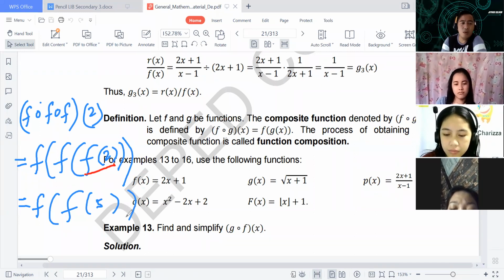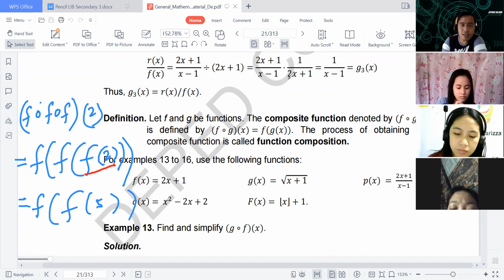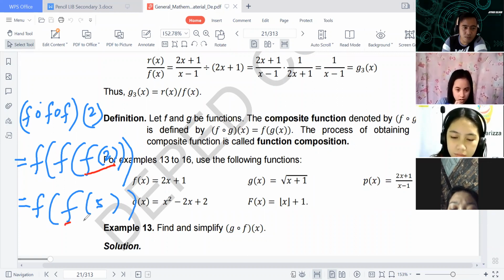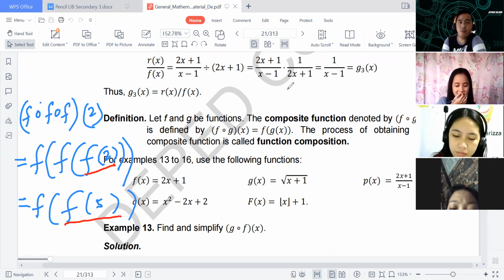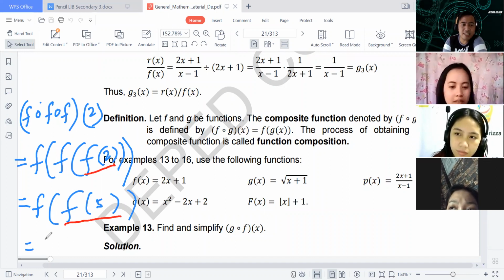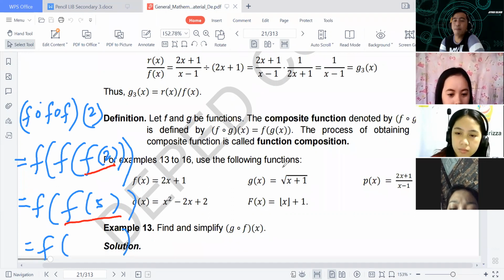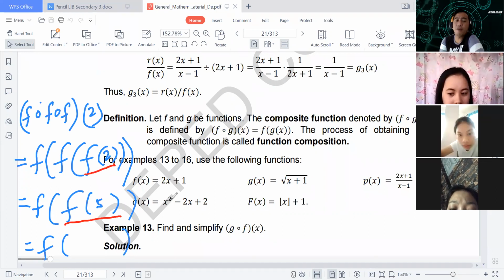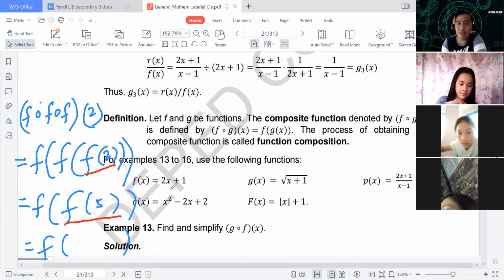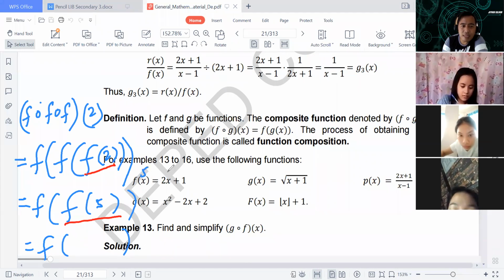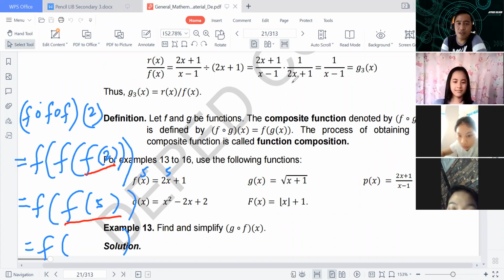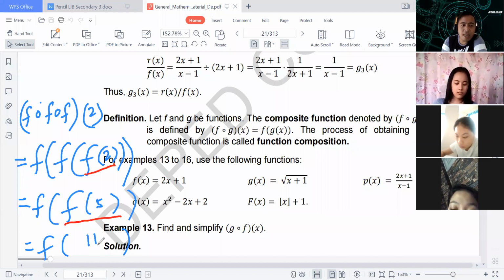The next thing that you will do is to perform this again, the next one inside. Now, let me ask you, what will be the answer inside? 11, sir. Very good. It will be 11. Because if it is 5, it becomes 10 plus 1, it will be 11. Very good. So now it will be 11.